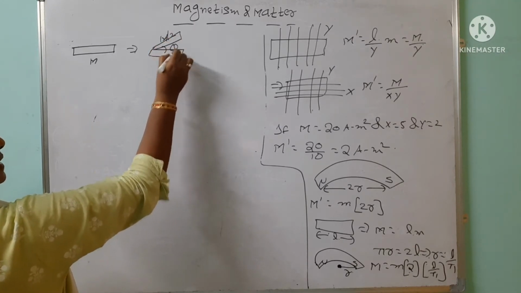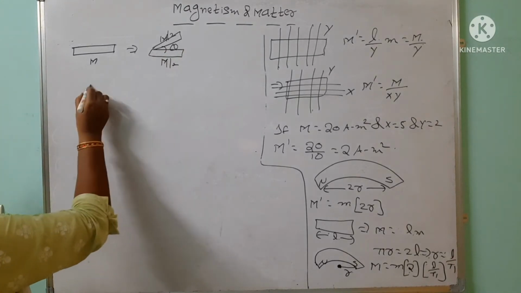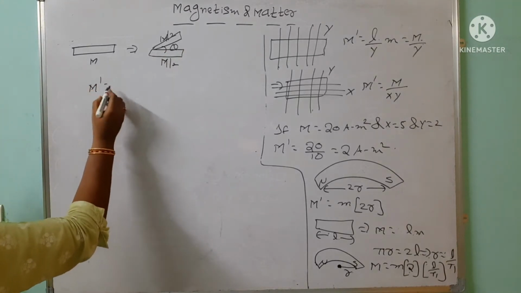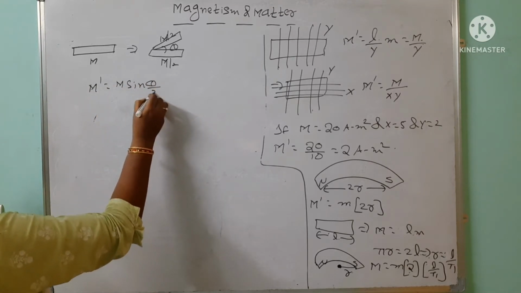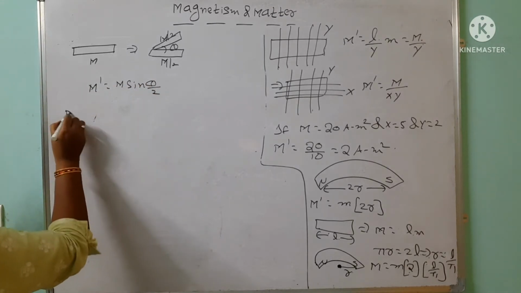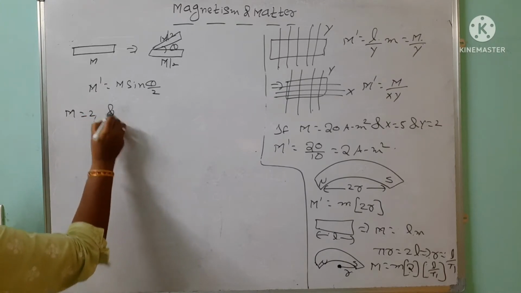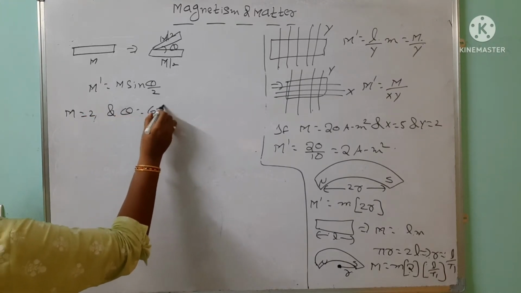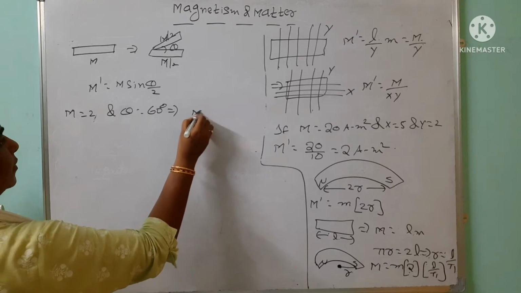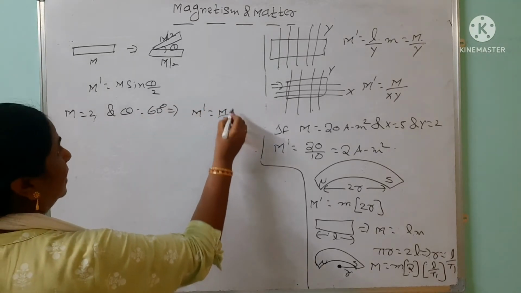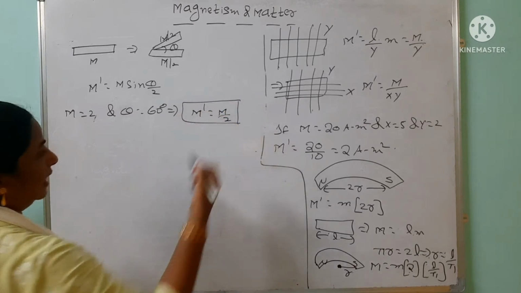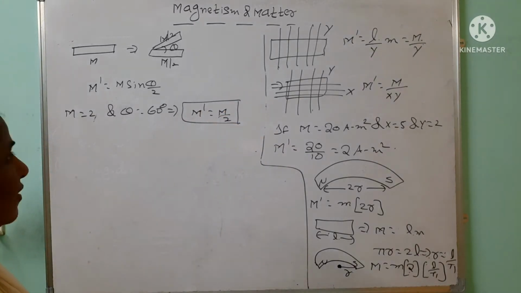You should consider the angle theta. The new magnetic moment M dash equals M sin theta by 2, based on the angle. Suppose M equals 2 and theta equals 60 degrees. Then what is the new magnetic moment? M dash equals M into sin 30, which means M by 2. It becomes half of that magnetic moment.